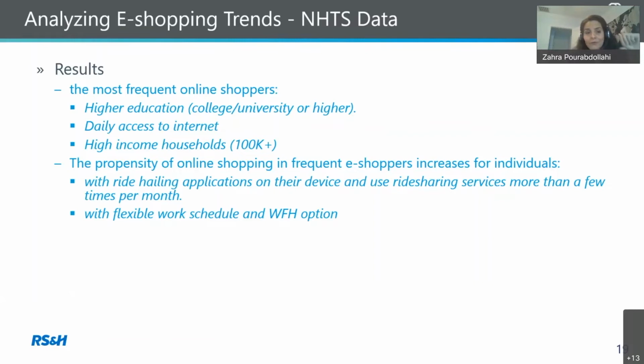Within this big group of people, those who prefer using ride-hailing applications and services such as Uber, Lyft, and taxi services have an even higher probability of shopping online. And there was another interesting observation within the result of the decision tree model. Among these people, the people with a flexible work schedule and the option to work from home are more probable to shop online.